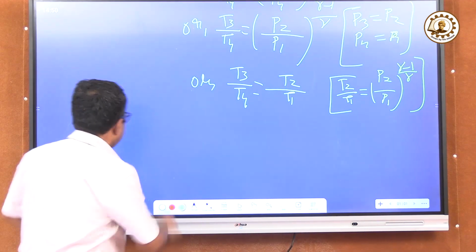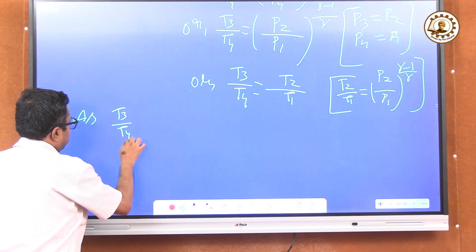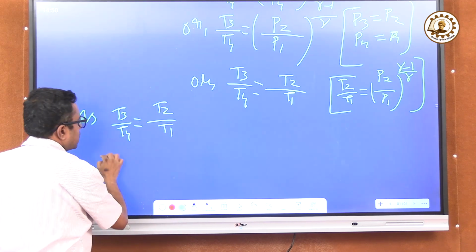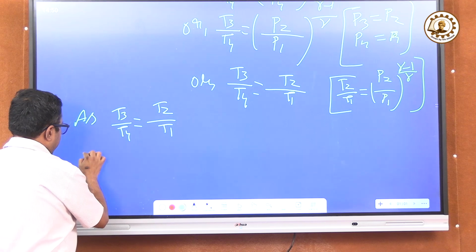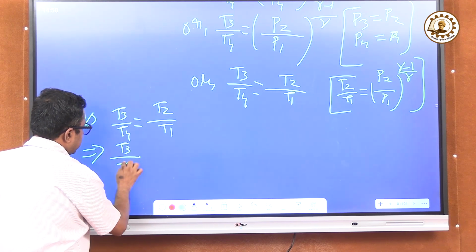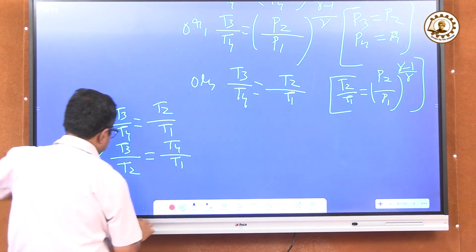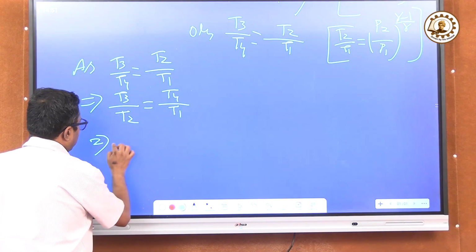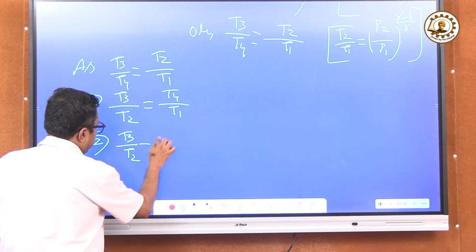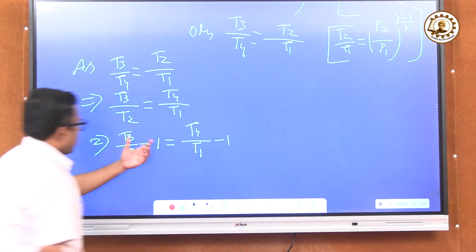As T3 by T4 is equal to T2 by T1, we can write T3 by T2 is equal to T4 by T1, or T3 by T2 minus 1 is equal to T4 by T1 minus 1.